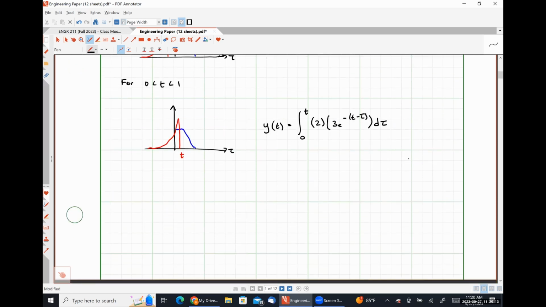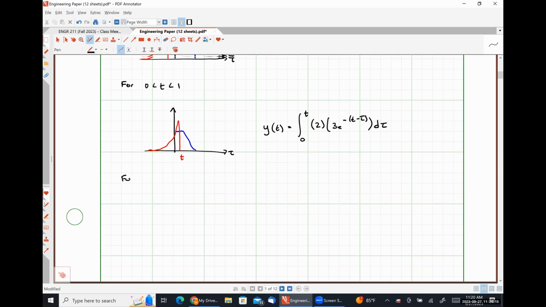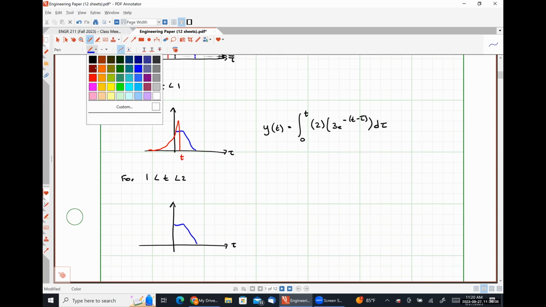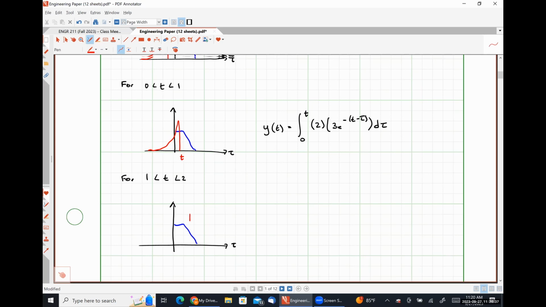Then we have the region where 1 is less than t is less than 2. Obviously, there is overlap.